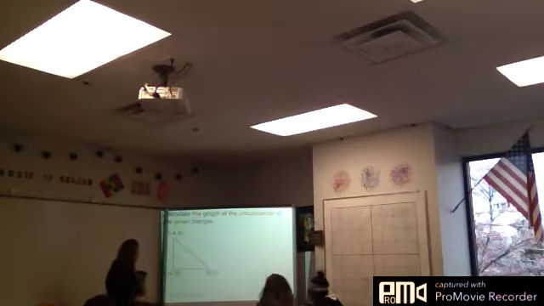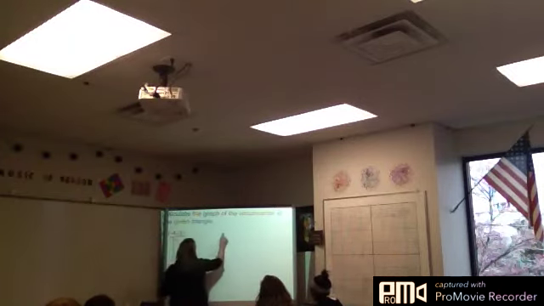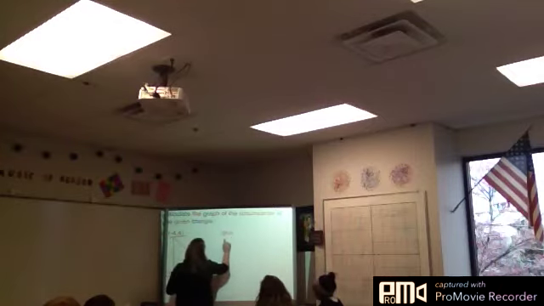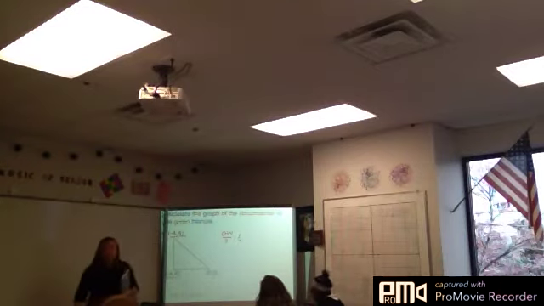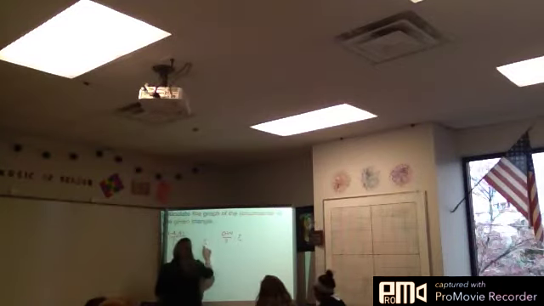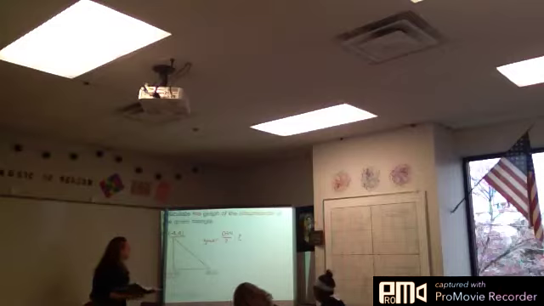So I'm gonna find the midpoint of this segment right here. Okay, so 0 plus 4 over 2 would give me, I'm taking the y midpoint. The y midpoint would be 0 plus 4 over 2, which gives you 2, okay?